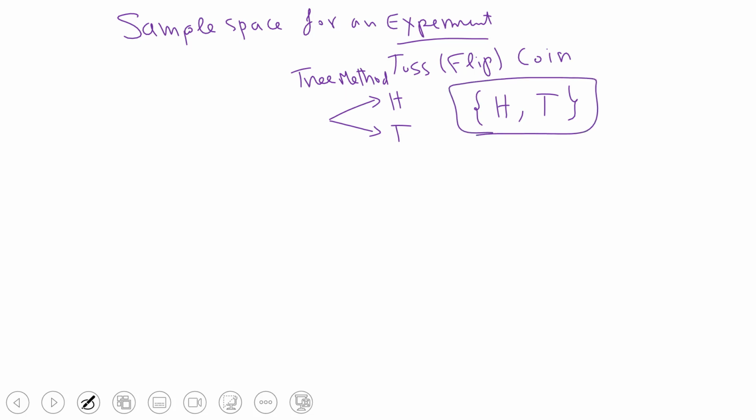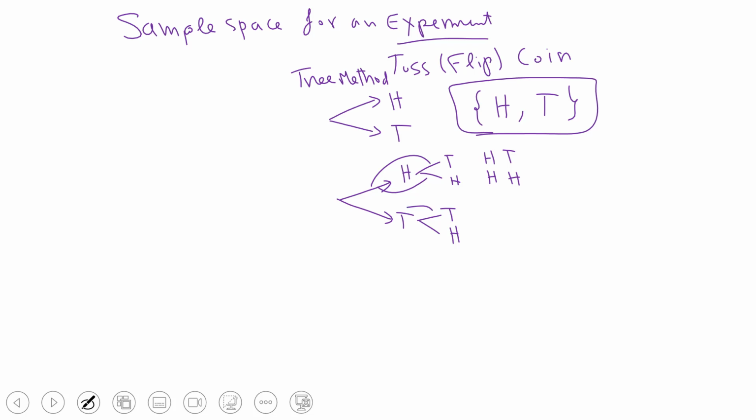But if you toss the coin twice, you will have the tree like this. You can write it like H, T, H, H. How can I write this one? I go to this road and also to the other road.